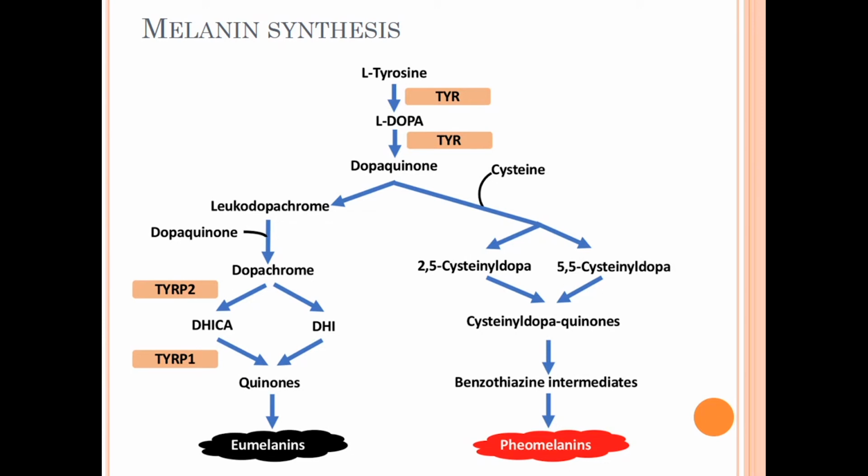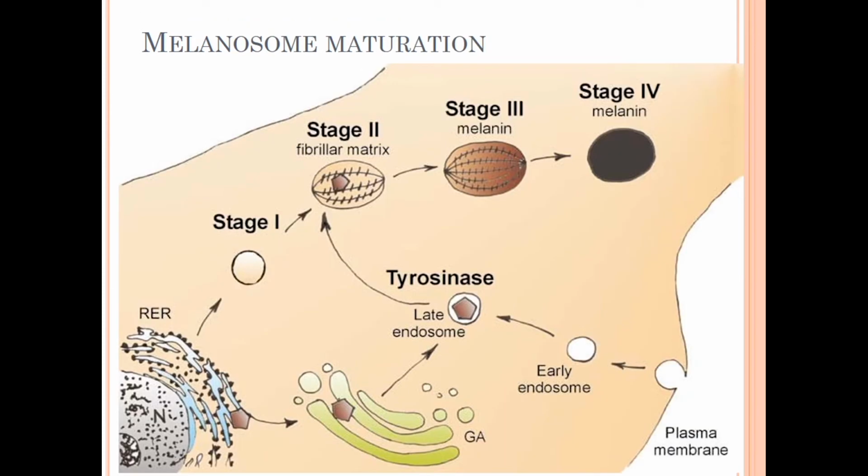This melanin synthesis has two components of the pathway, and when there is an adequate amount of tyrosinase present, the pathway usually takes the right-sided pathway to produce the eumelanin. The defects in these enzymes are responsible for giving rise to various types of oculocutaneous albinism. Now we'll move on to the melanosome maturation stage.